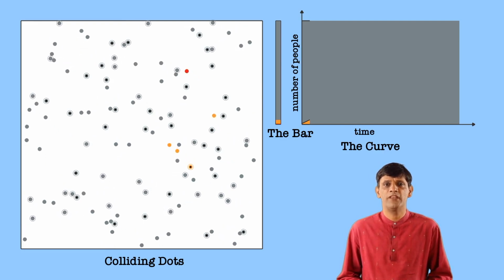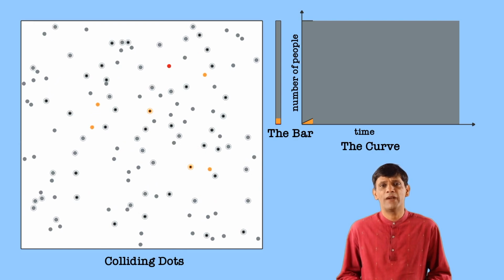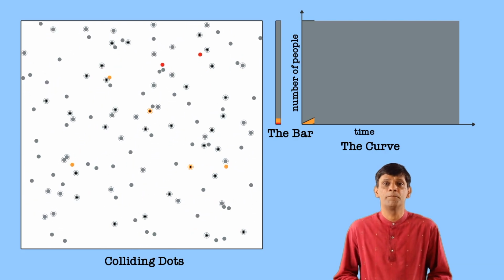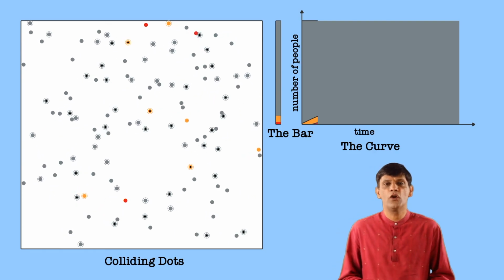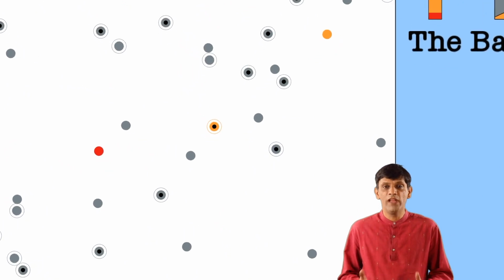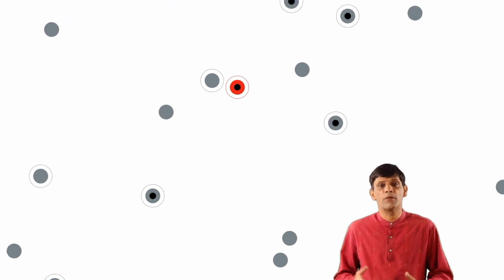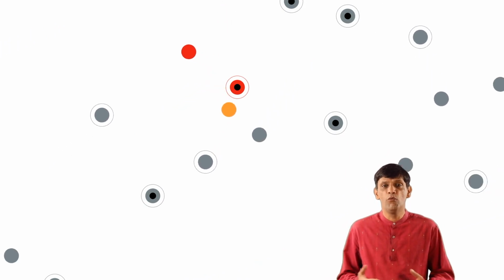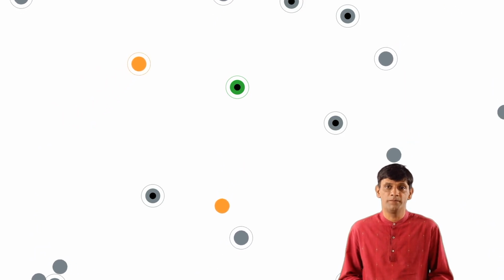In the next animation, we look at the scenario where 25% of the people are being socially responsible and another 25% are being socially responsible and practicing social distancing. That means they interact with fewer people. Let's look at a person who's practicing social distancing. We have made this person static. What that means from a physics point of view is we have reduced the velocity of this particle to zero.